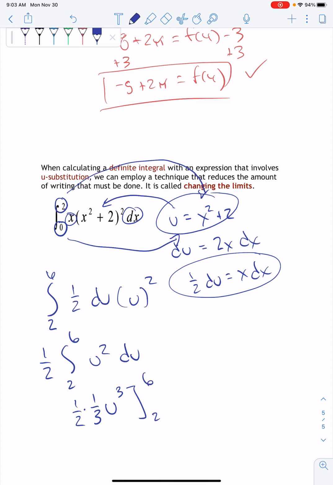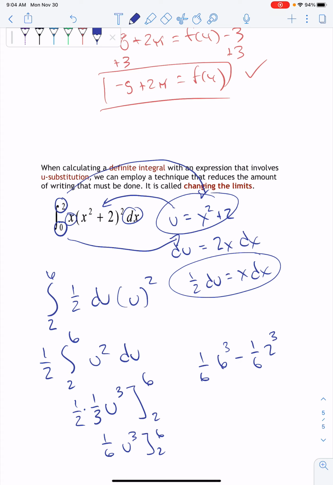Instead of going from 0 to 2, I'm going to leave the u a u, and I'm going to go from 2 to 6. Let's see. We'll put the 1/2 in right now. Let's make this 1/6 u cubed from 2 to 6. So that becomes 1/6 times 6 cubed minus 1/6 times 2 cubed.